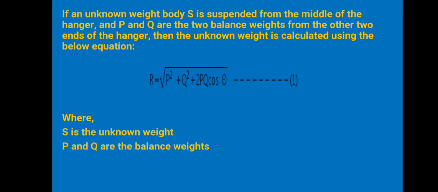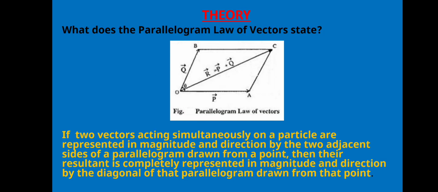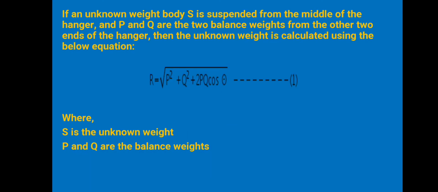For our convenience, what we will take is the parallelogram. We know that we can take a rhombus or a square. Both are parallelograms. So for our convenience, we can make a rhombus or a square to find out the resultant.